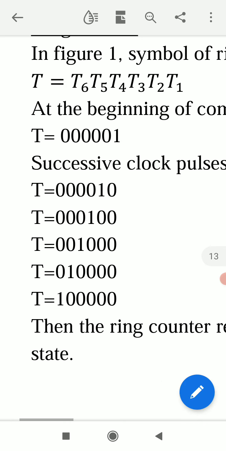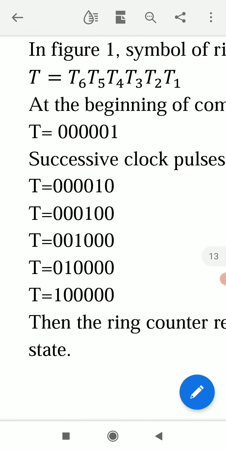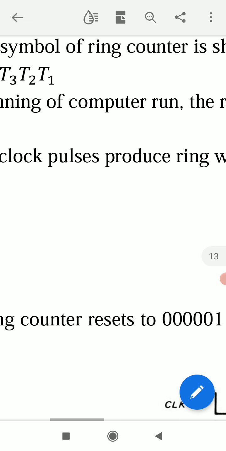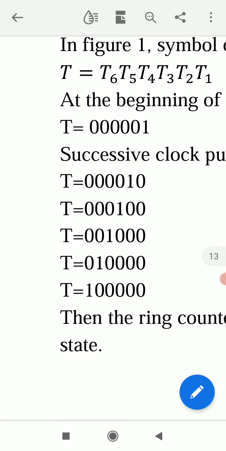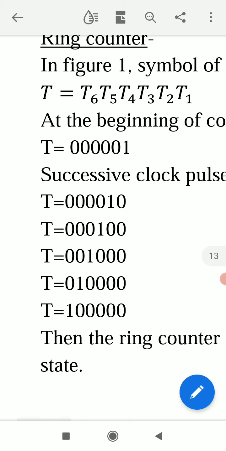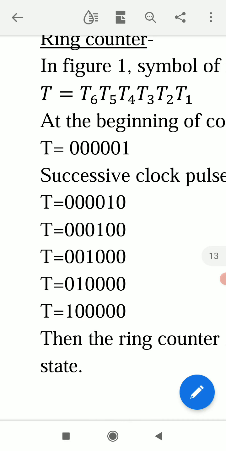Ring counter produces this 6-bit word T equal to T6, T5, T4, T3, T2, T1. At the beginning of computer run, the ring word is T equal to 000001. That is, T1 is 1 and other bits are 0.